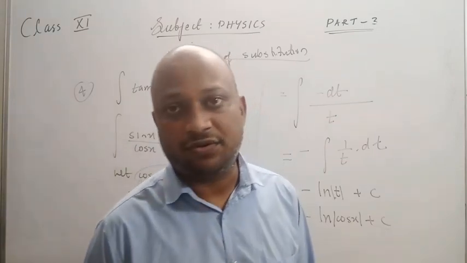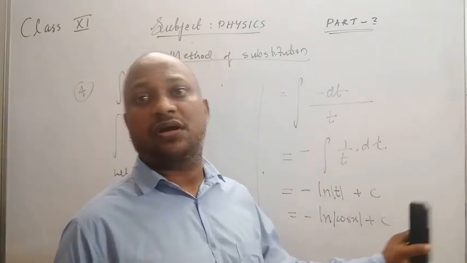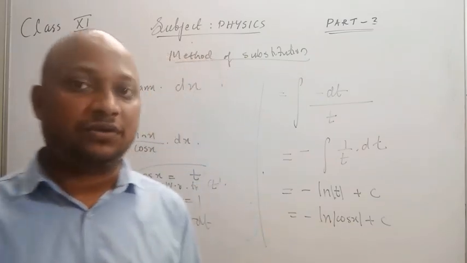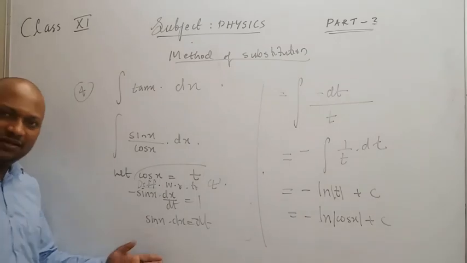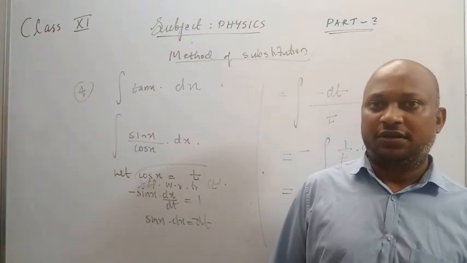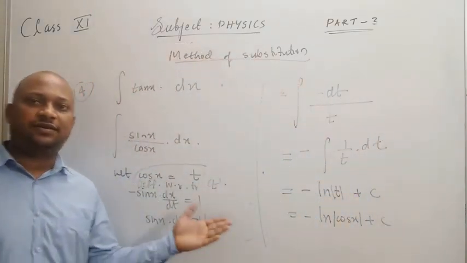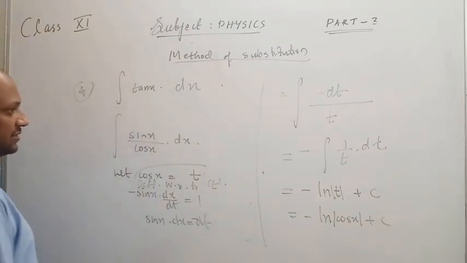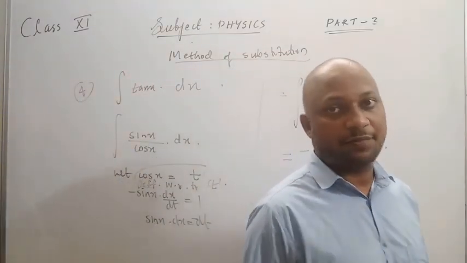If you avoid the minus, it will become ln sec x, otherwise it is log cos x, where the base is e. So this is a little more complicated type of substitution, and there are even more complicated types, but for physics we can say it's a little bit complicated. More complications can come, but that is in mathematics.